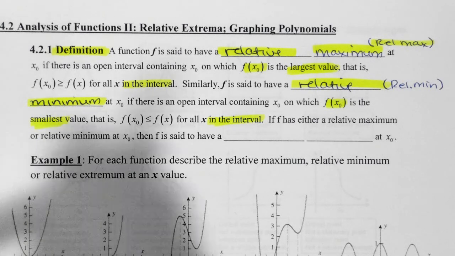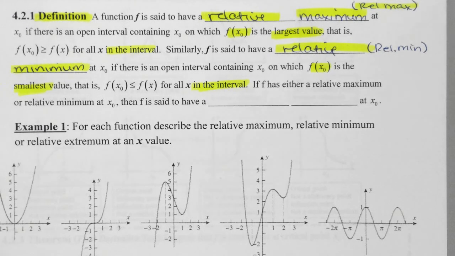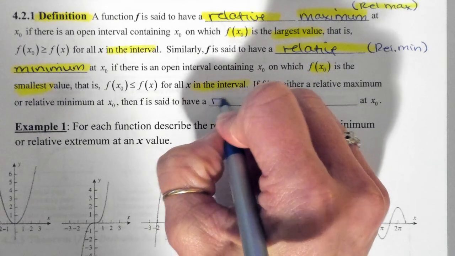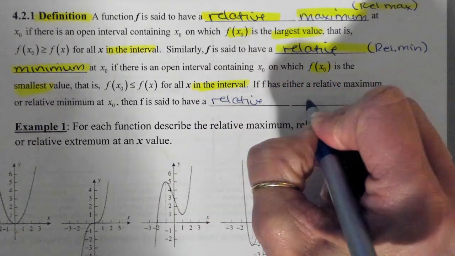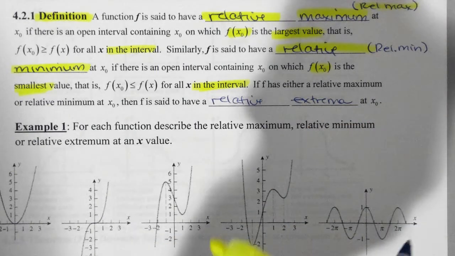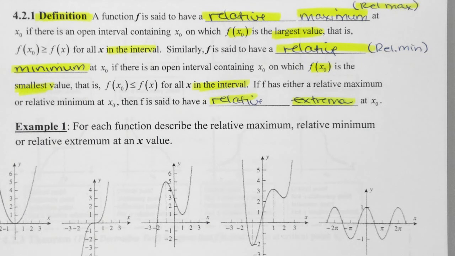If the function has either a relative maximum or a relative minimum at some given x sub 0 value, then f is said to have a relative extrema at that given x value. Okay, whether it's a relative max or a relative min.